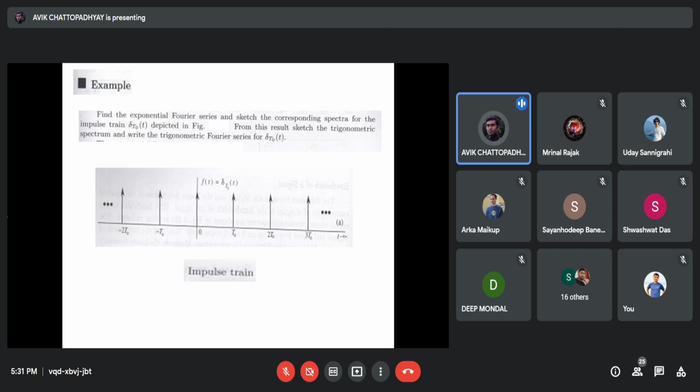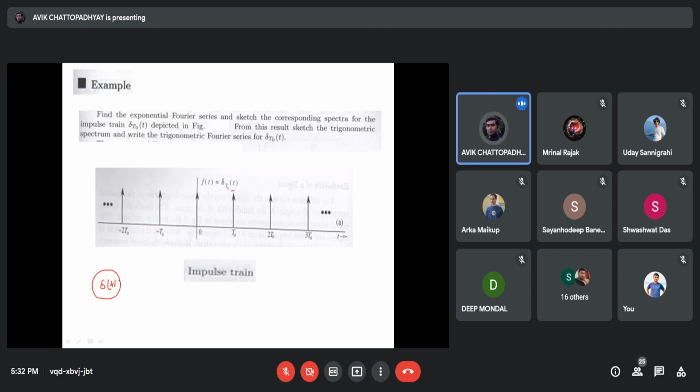So it's a representation. Sometimes I have already seen many students writing even the periodic impulse function like delta t. But when you write this notation, it doesn't indicate that the function is periodic. Either you have to explicitly mention something, okay?